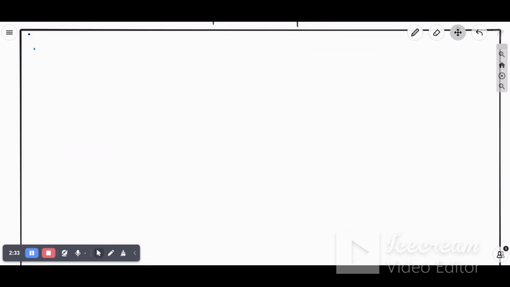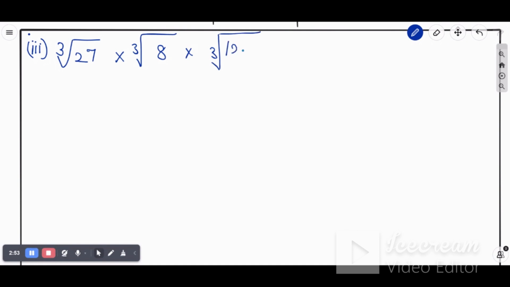So let's start our third question. You have got cube root, so the order of the surd is 3. Cube root of 27 into cube root of 8 and then cube root of 125.